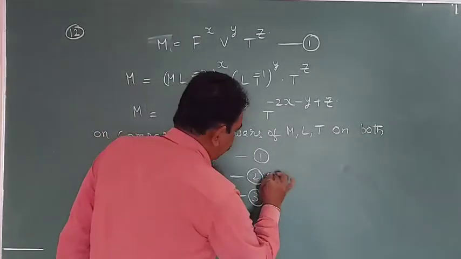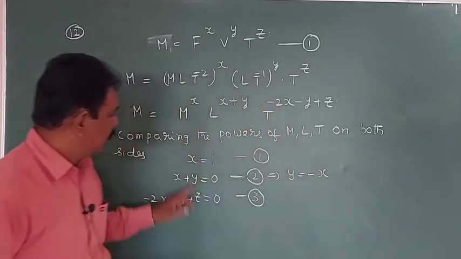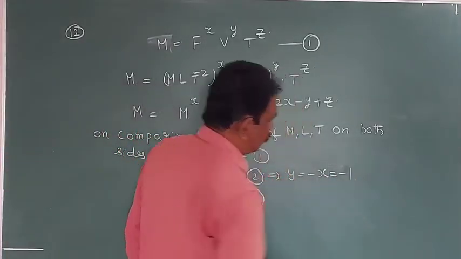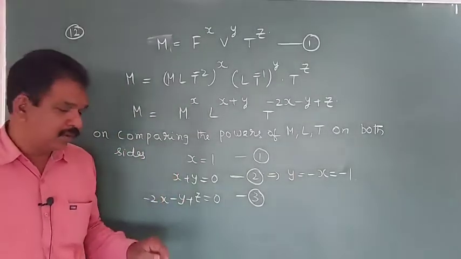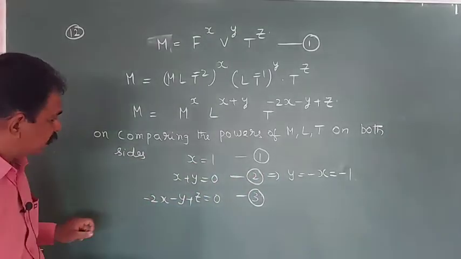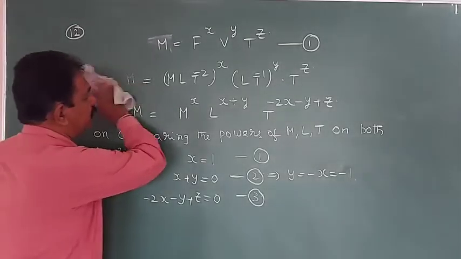From this what will happen? Y is equal to minus x. Minus x means this value is equal to minus 1. We got y value as minus 1. You substitute x, y values here. X value is how much? I am writing here.